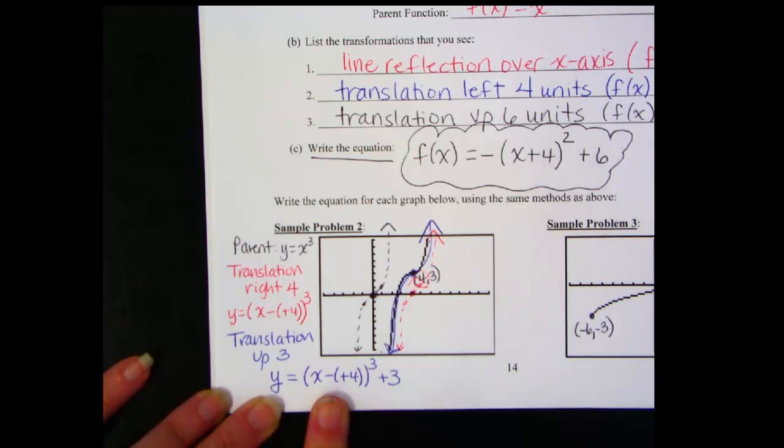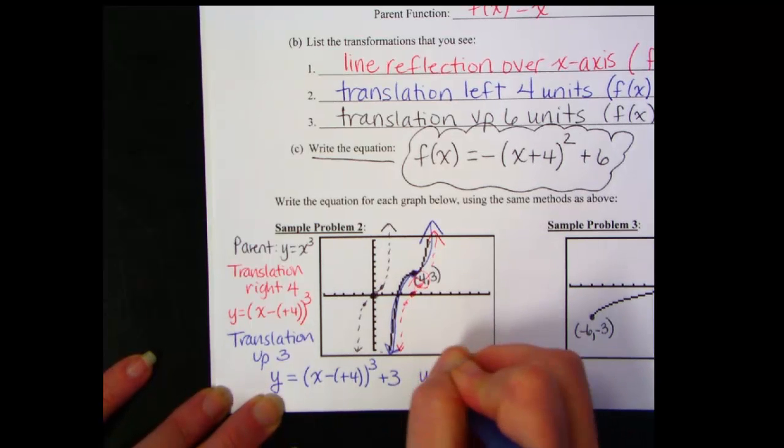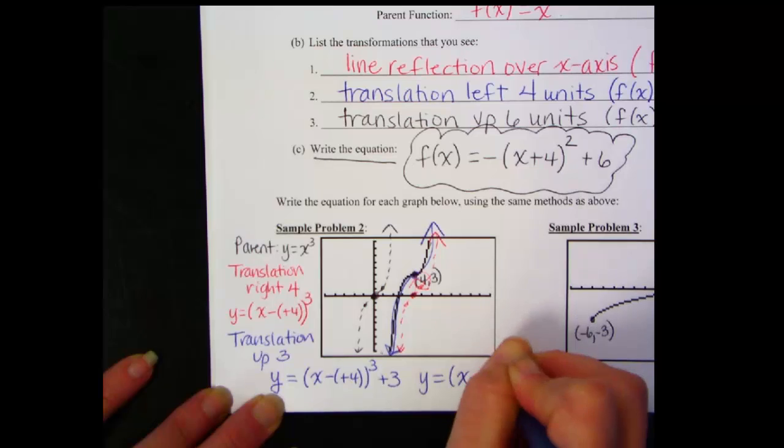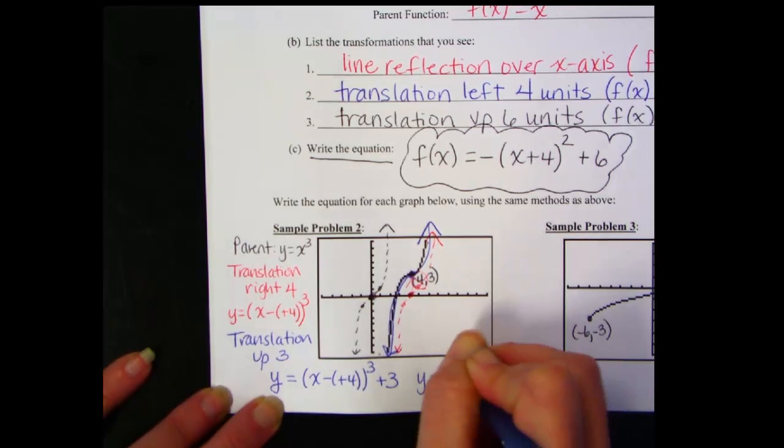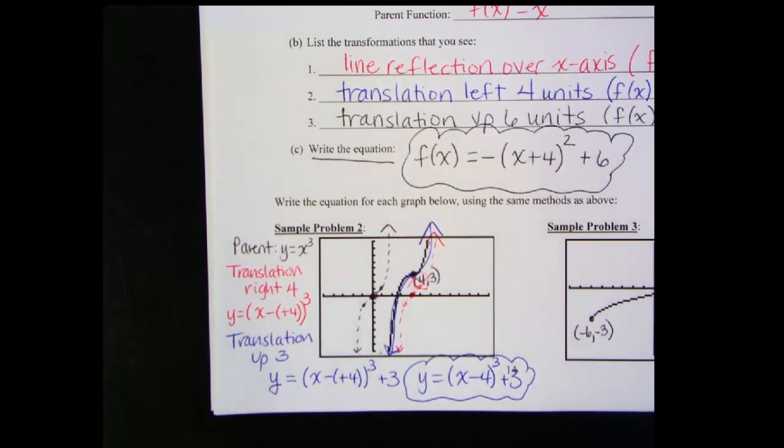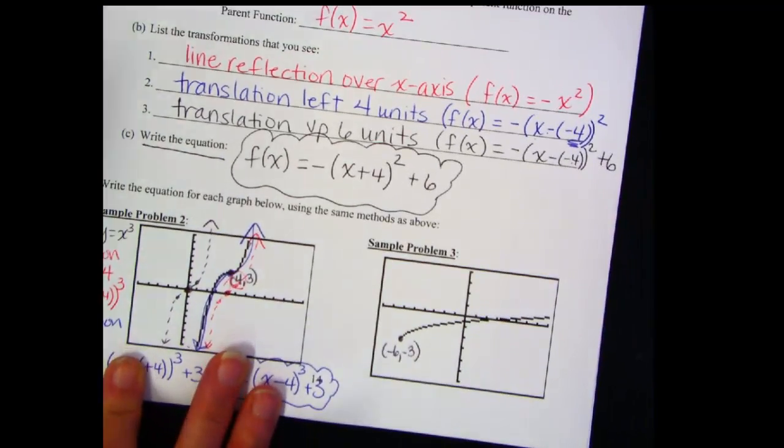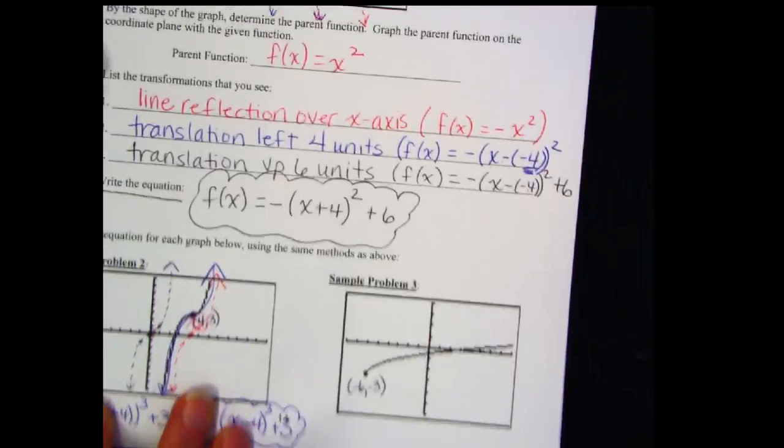We want to always clean that up because we're big kids. So I'm going to write that as y equals x minus 4 cubed plus 3. And that is the equation of the graph. No inspires necessary. You know your parent graphs, you know your transformation rules, and it actually ends up being quite simple.